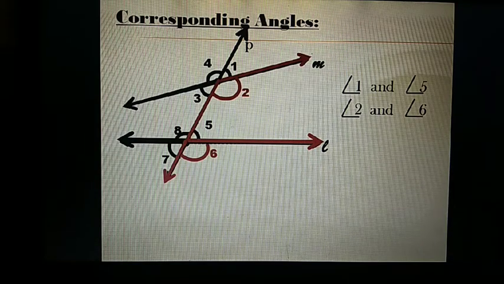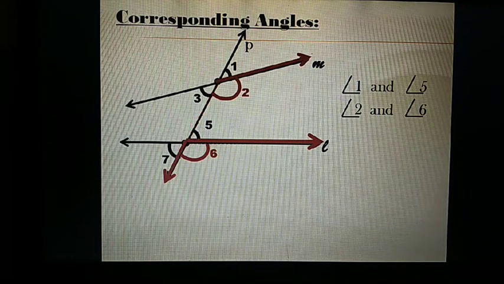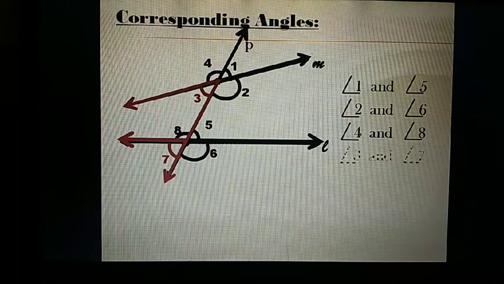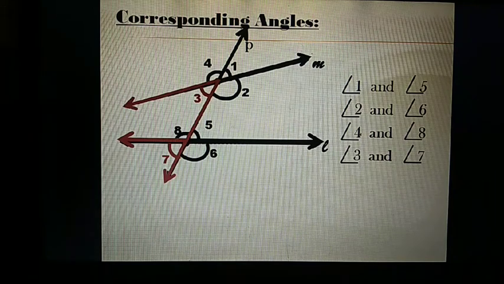Left of transversal above M. So next, left of transversal above L. Yes, 4 and 8. Now the last one is 3 and 7 as both are left of transversal and below their relative lines. So these are the 4 pairs of corresponding angles.